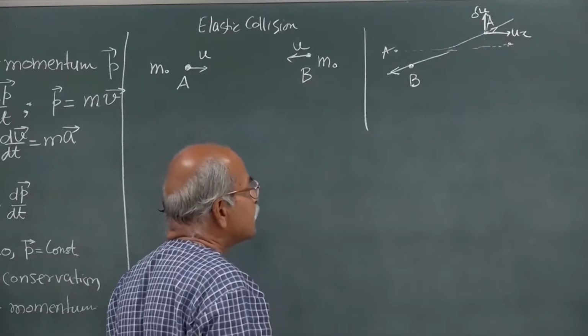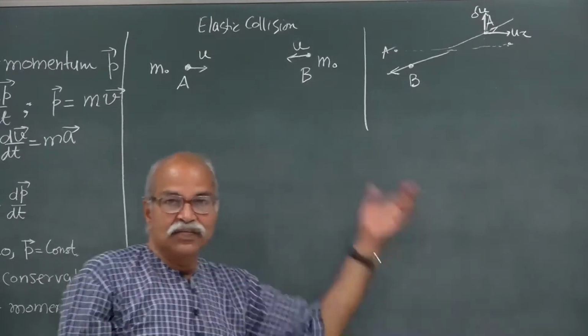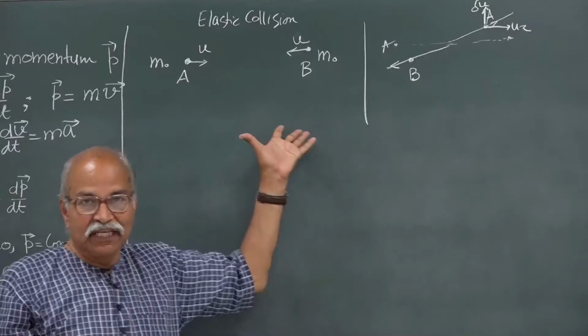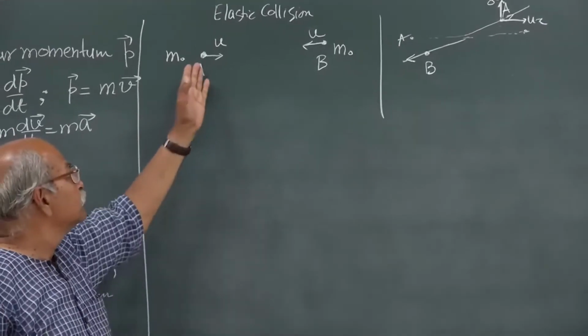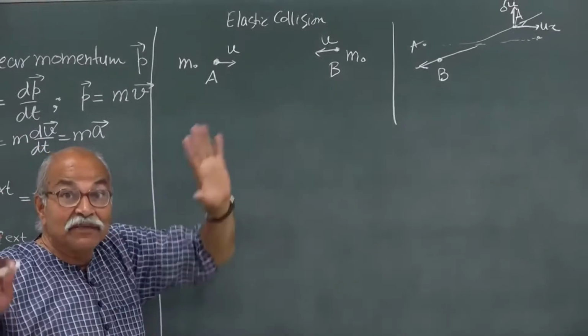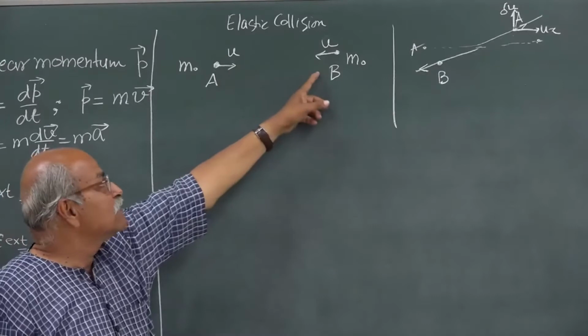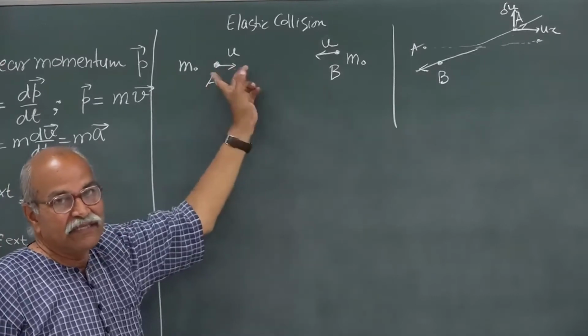Now, since it is elastic collision, the kinetic energy is same and the situation is very symmetric. If you have to take kinetic energy same and linear momentum conservation we are always looking at. So, here the linear momentum is 0 in x direction and y direction.